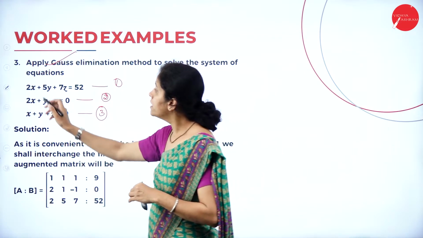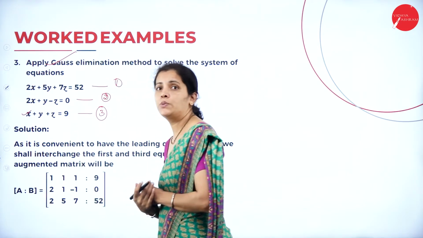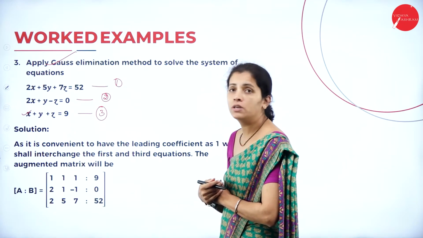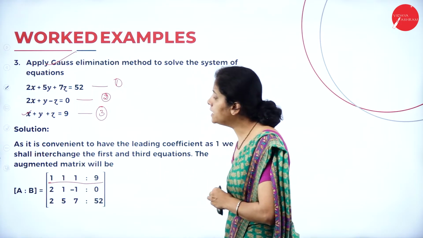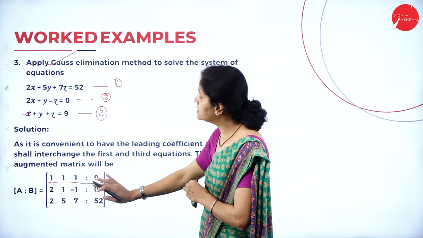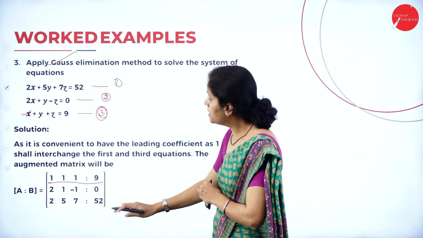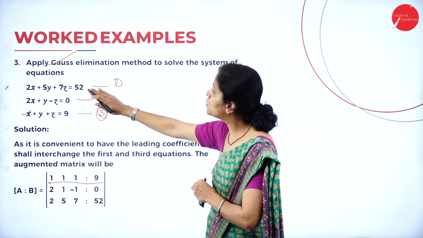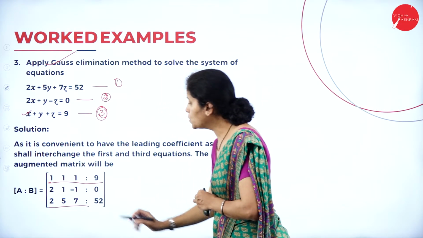See here, if I consider this equation and the last equation, all the variables' coefficients are 1. So in my augmented matrix, I'm going to consider row 3 as my first row, and whatever is in my row 1, I'm going to replace with row 3.